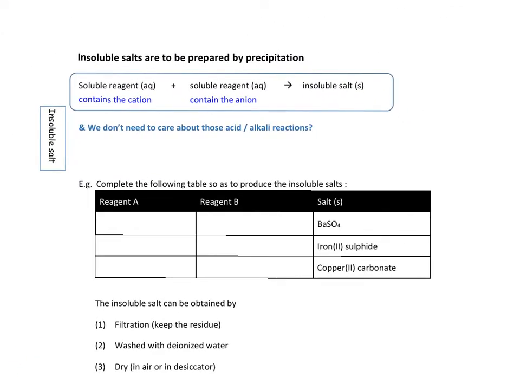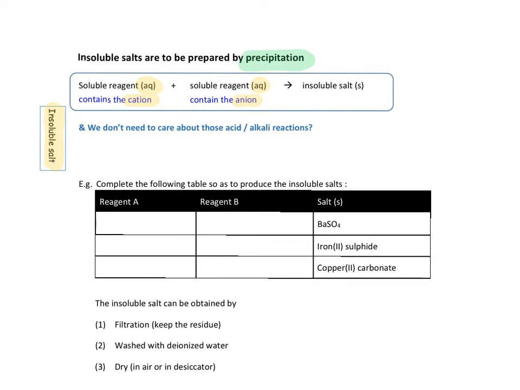In conclusion, if you want to prepare an insoluble salt, you can select a soluble reagent that contains the respective cation and a soluble reagent that contains the anion, and then mix them together. We don't need to care about whether it is an acid-alkali reaction or any reaction you have learned before. We just do this by precipitation.